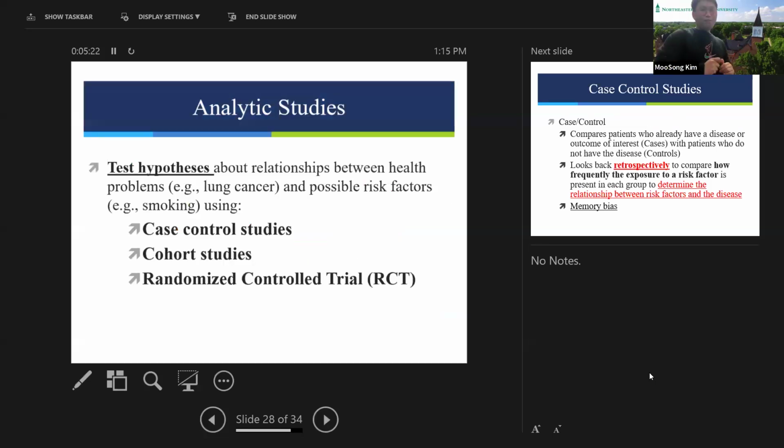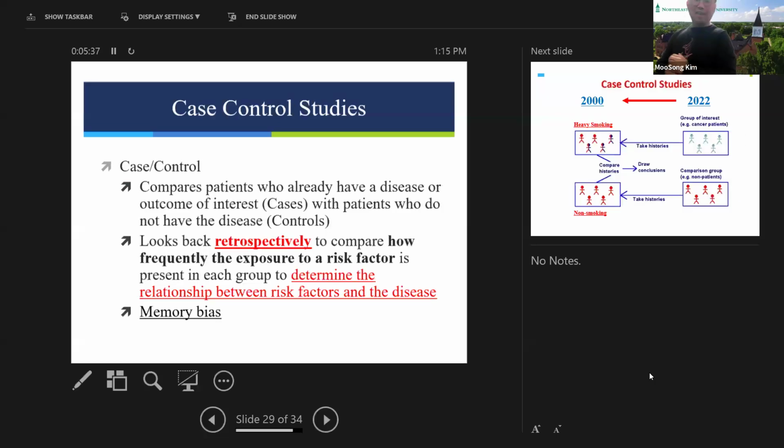There are three ways to test this hypothesis: case control study, cohort study, and randomized control trials. Let me briefly explain each type of study design.